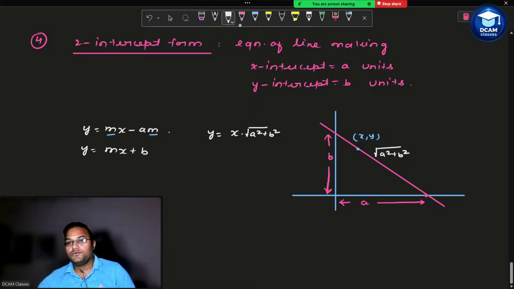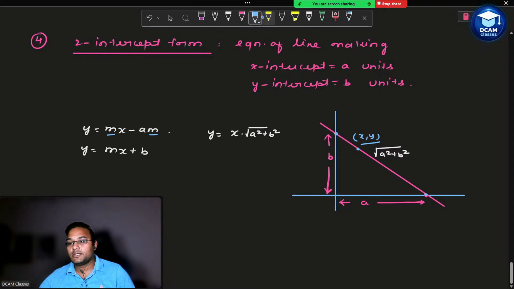The method that we have is you actually have to assume some point. Suppose you have assumed one point, that's correct. This distance root over a square plus b square is correct. But the method that we have is we have to assume one point x comma y. But how will you be equating this distance, root over a square plus b square, with y by x?